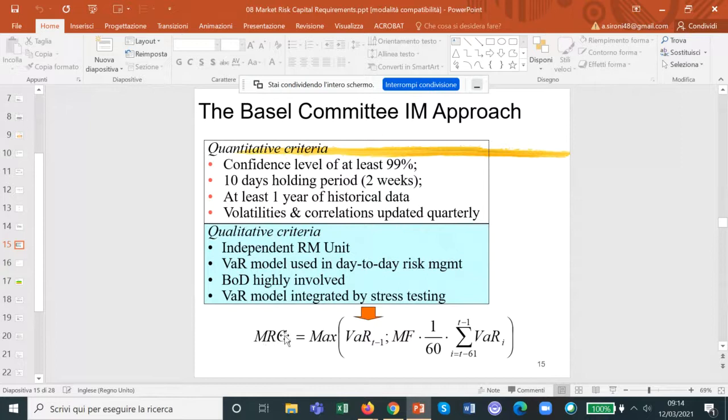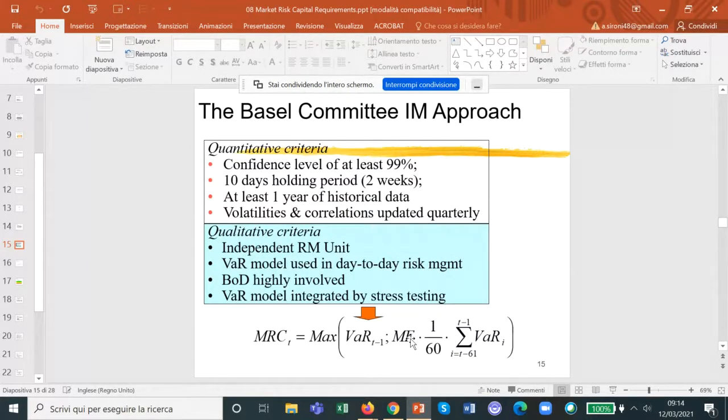The capital requirement for market risks is equal to the larger between the value at risk of the previous day or the average value at risk of the last 60 days multiplied by a multiplying factor which is at least 3.